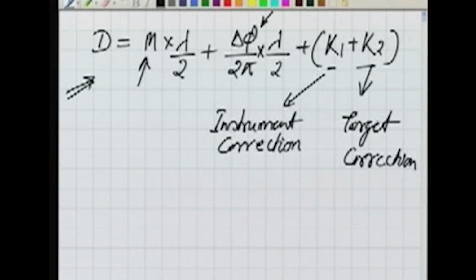Now here in this case, again, for an explanation of this K1 and K2, as we have discussed it already.